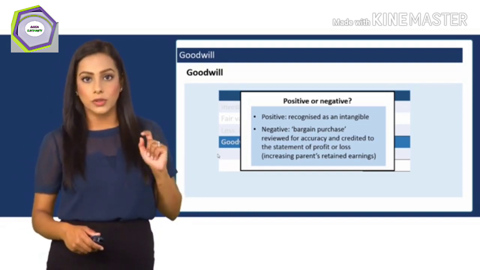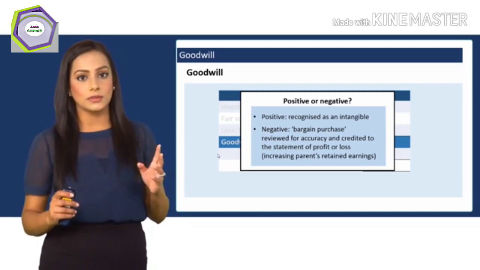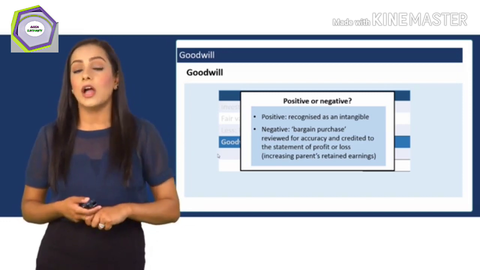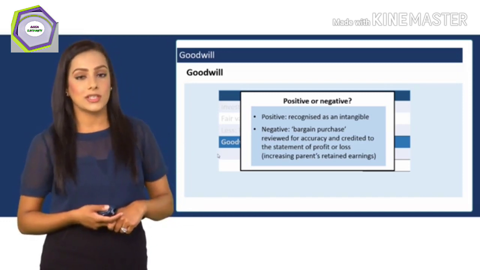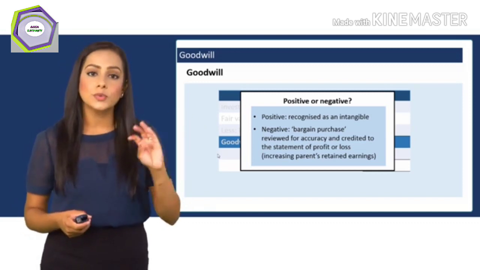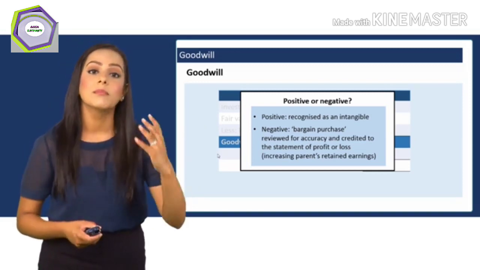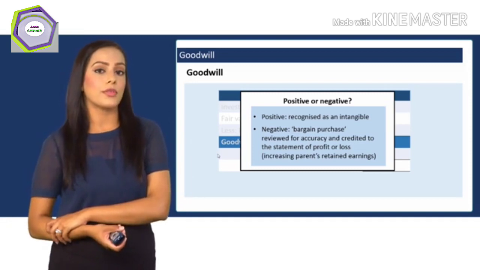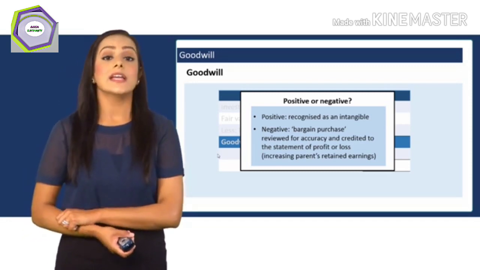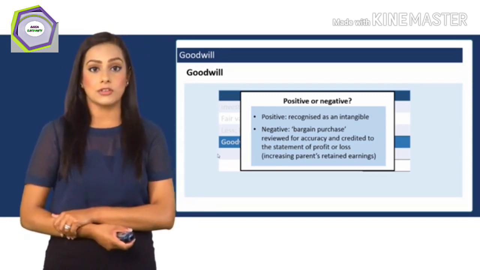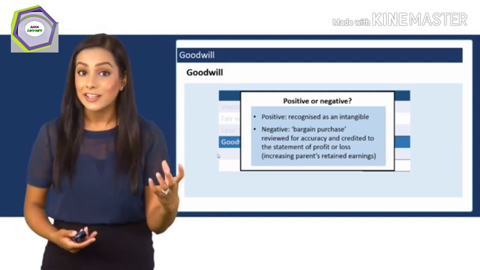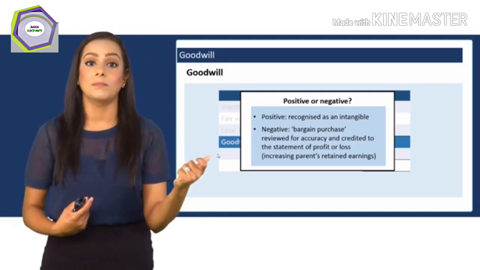A positive goodwill is recognized as an intangible, whereas a negative goodwill represents a bargain purchase. A positive goodwill means that you have paid more for the subsidiary's worth, but a negative goodwill is where you've paid less than what the subsidiary is worth, so you saved money because it's a bargain.